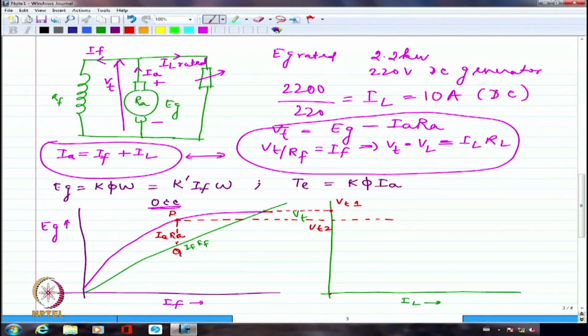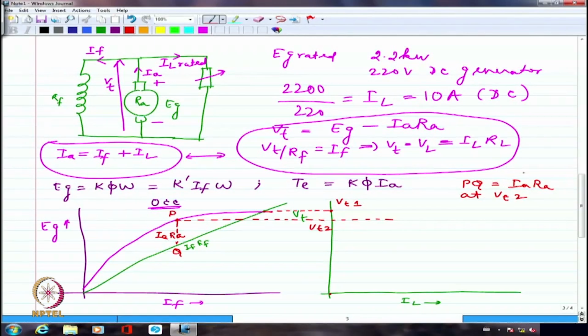Definitely IA is IL plus IF, but it's very difficult for us to subtract IF every time. I know the armature resistance, so I should be able to get my IA because I know this PQ length. So PQ is actually IA-RA at VT2 terminal voltage.